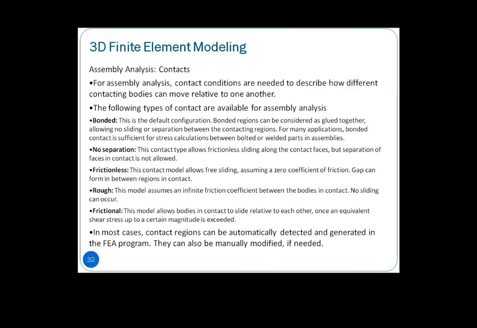Frictionless contact means the contact model allows free sliding, a zero coefficient of friction, and also a gap can form in between the regions in contact. So if you choose frictionless, you have free sliding, and at the same time the contact surfaces are allowed to be separated.